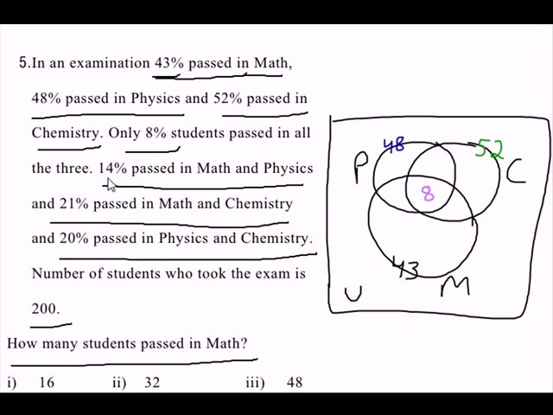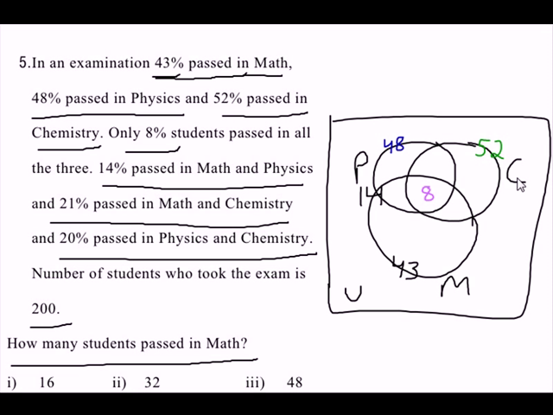And what else does it say? 14% passed in maths and physics. So M and P is 14. I'll write 14 here, which is the border of P and M, because 14 passed in physics and maths does not mean that some of these 14 could not have passed in chemistry.